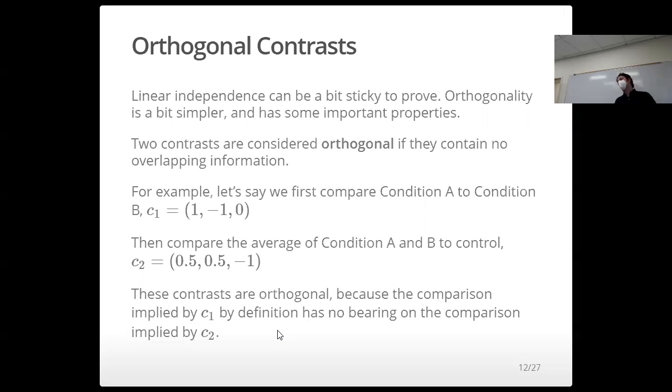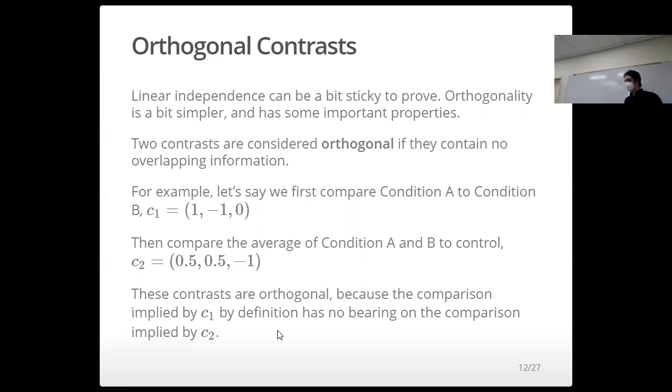What's a little bit more informative and interesting are what are called orthogonal contrasts. The idea behind orthogonal contrasts isn't just that they're linearly independent, but they contain no overlapping information whatsoever. So the information from one contrast is completely orthogonal to the information from another contrast. For example, we could compare condition A to condition B, and then we could compare the average of condition A and B to control.